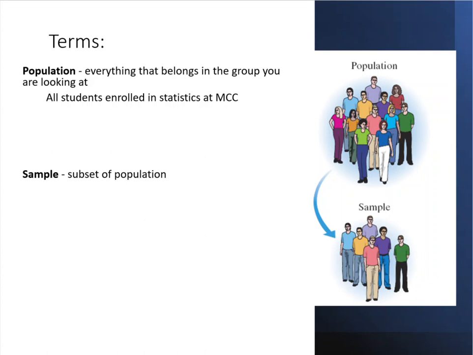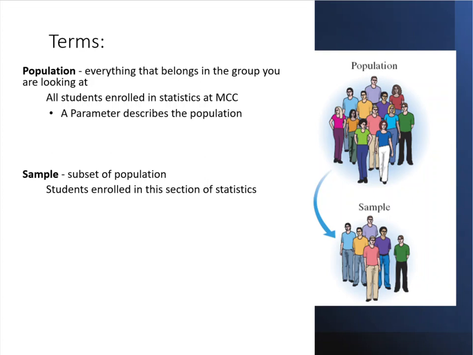So all students taking statistics here at MCC. Now, a subset of that population would be students enrolled in a particular section of statistics. So for example, your section of statistics would be a subset of the overall population of all MCC statistics students.